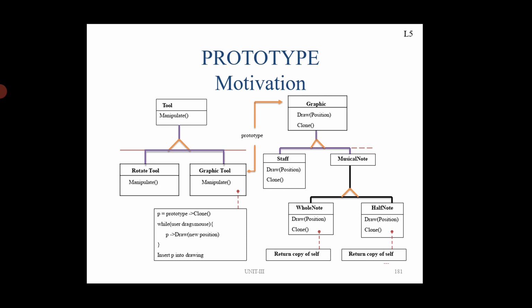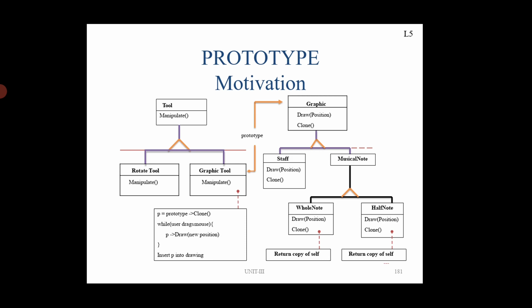The solution lies in making the graphic tool create a new graphic by copying or cloning an instance of a graphic subclass. We call this instance a prototype. The graphic tool is parameterized by the prototype. It should clone it, and we need to add it to the document.